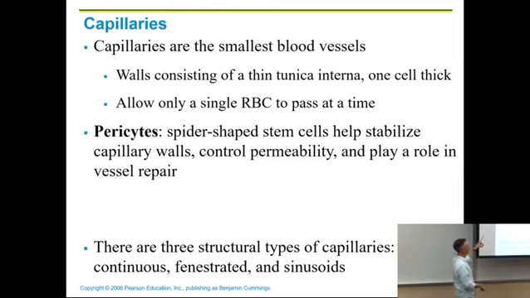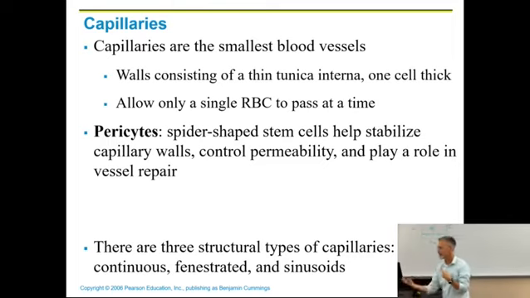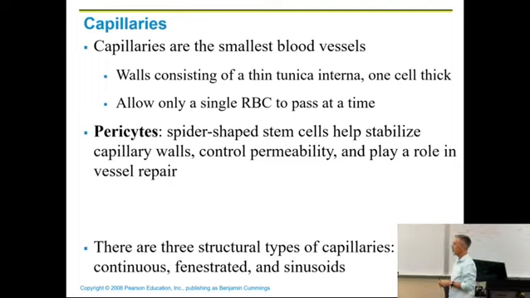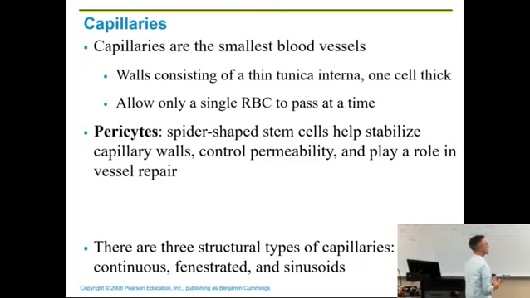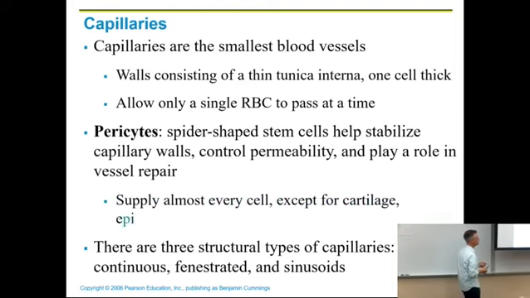Pericytes are the stem cells that go around the capillary wall, and they help to control what's called permeability, how much things are able to exchange, how leaky they may be at a certain time or not, right? So when we talk later about inflammation and things like that, where things are allowed to leak into the tissues that may be infected or have damage, these will help to regulate how much exchange will occur at these capillaries.